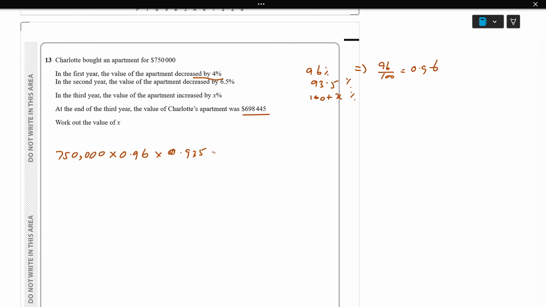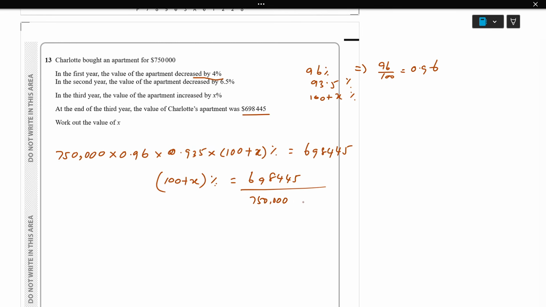Same thing, the second year it's going to be 0.935, because 93.5 percentage divided by 100 is 0.935. Third year, which is 100 plus x percentage, equal to 698,445. Now I'll leave only the 100 plus x percentage on the left side, the rest I'll bring to the right side.